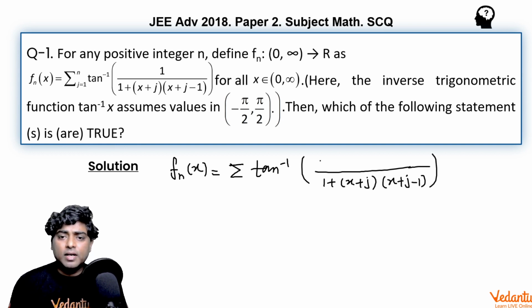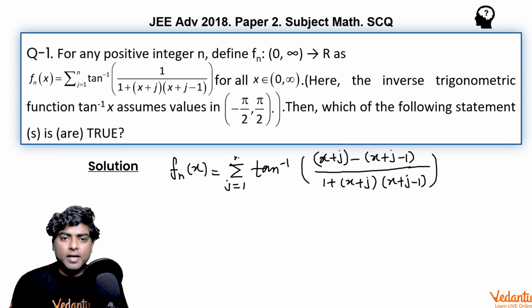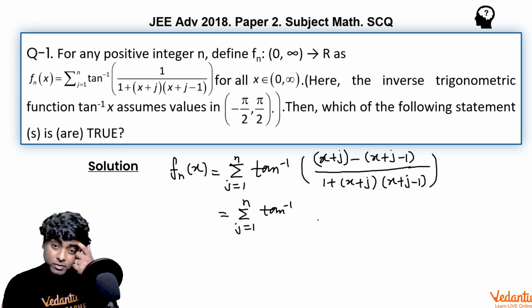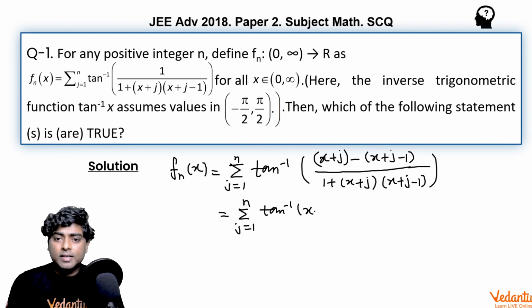Numerator is 1, so I can write it as (x plus j) minus (x plus j minus 1), with j from 1 to n. Tan inverse, as you know the formula, tan inverse of (x minus y) upon (1 plus xy) is tan inverse x minus tan inverse y, with xy positive here, so it can be written as tan inverse (x plus j) minus tan inverse (x plus j minus 1).